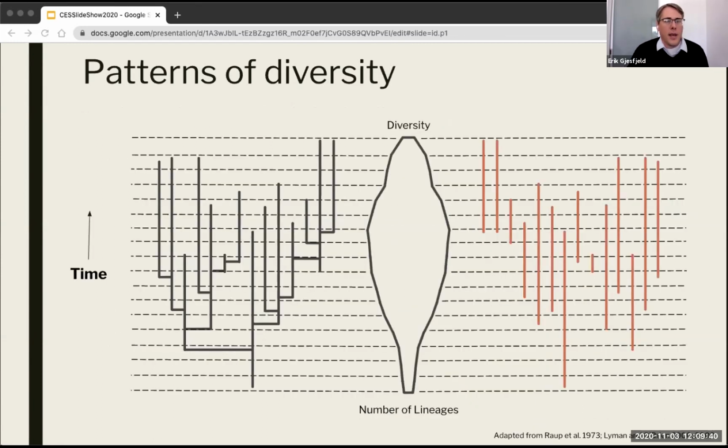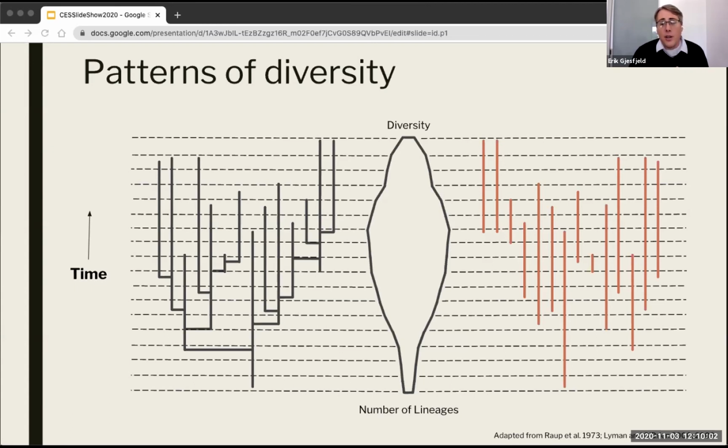And so one of the key methodological insights made by paleobiologists is that if our focus is going to be on looking at temporal patterns of diversity through time, we actually don't need to reconstruct the tree if we're just looking at changes in the number of lineages.